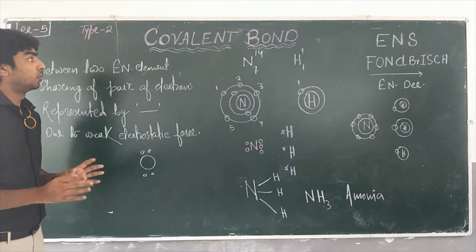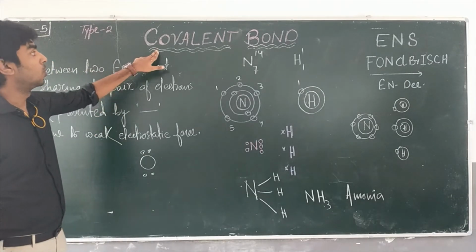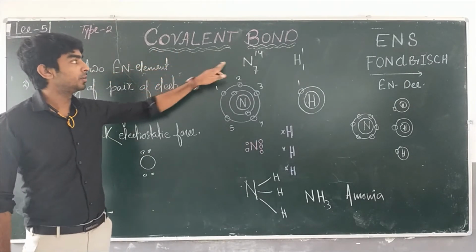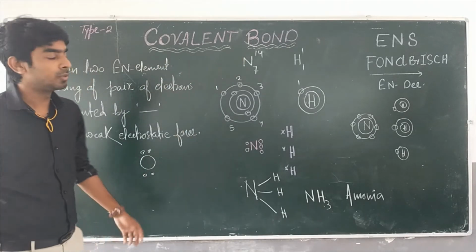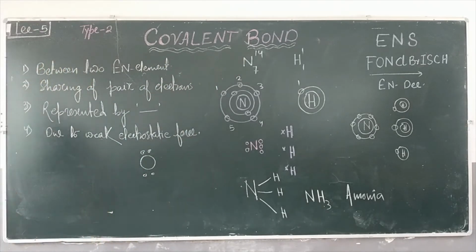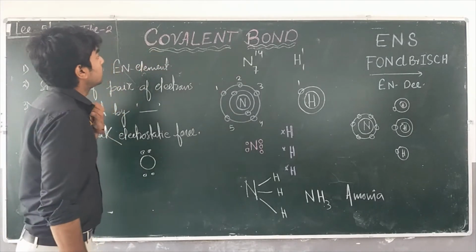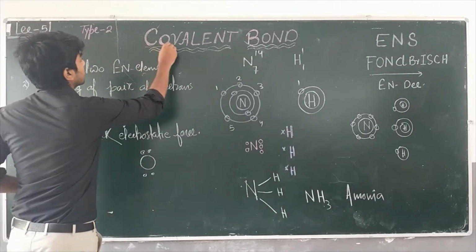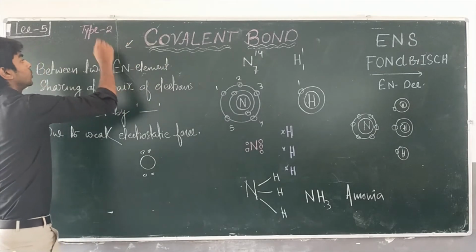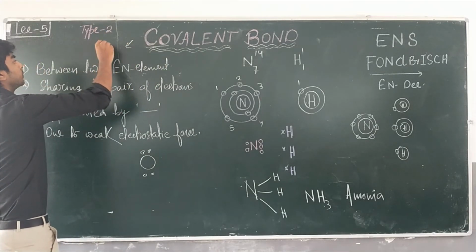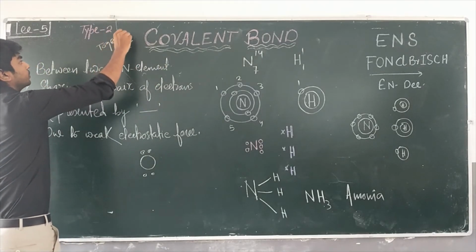Now, first of all, we need to understand the words co, valent and bond. Just break down the word over here. You're seeing this word covalent. Co means together, or two together, we say.